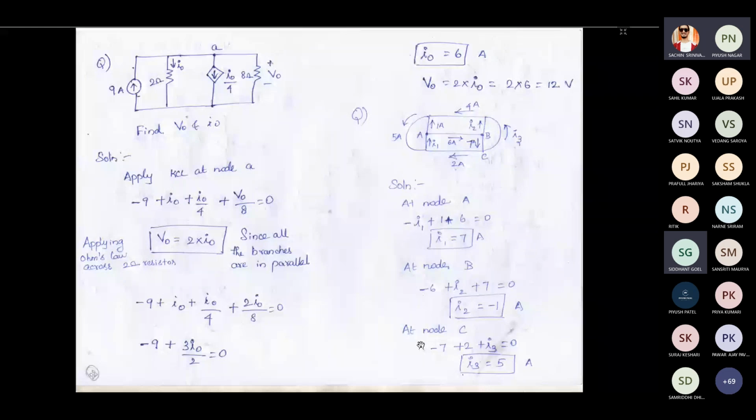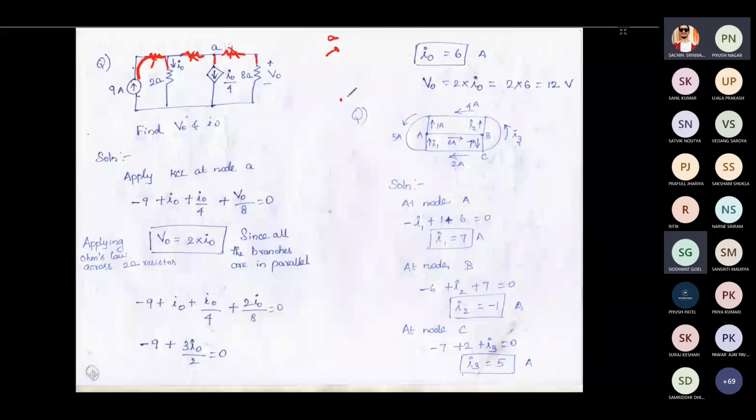So you can consider that as a single node on top, and a single node on the bottom, because there are no elements connected between any of these connections. So here there are four branches: one is this, another is this, another is this, and another is this. You can consider it as a single node.